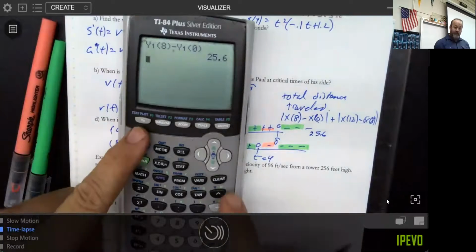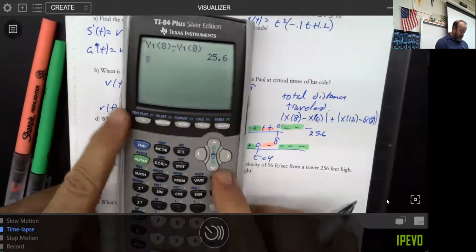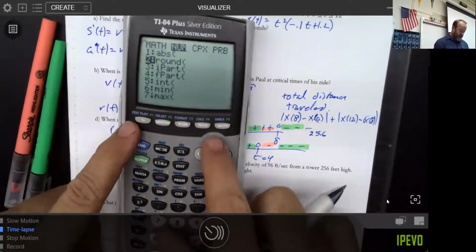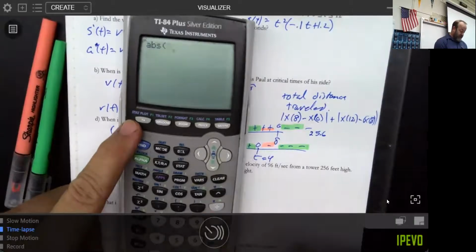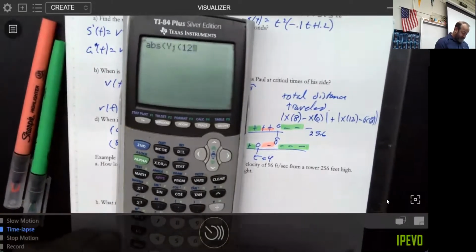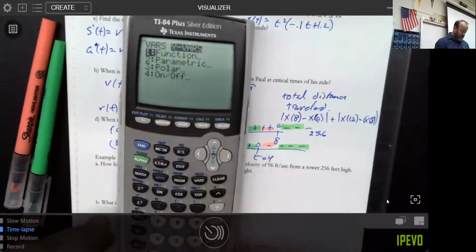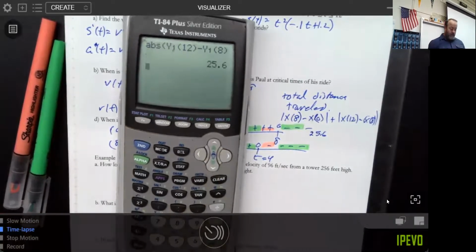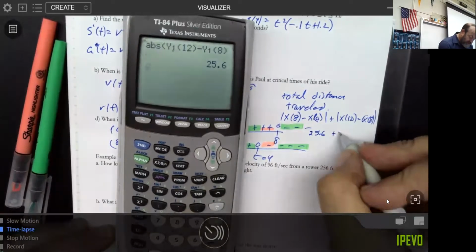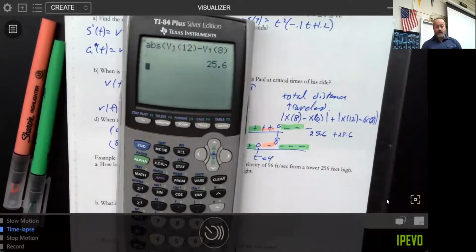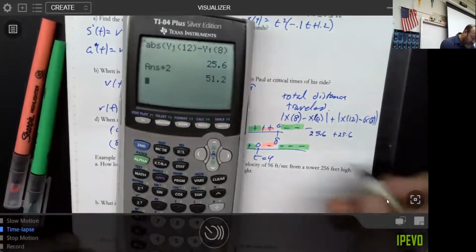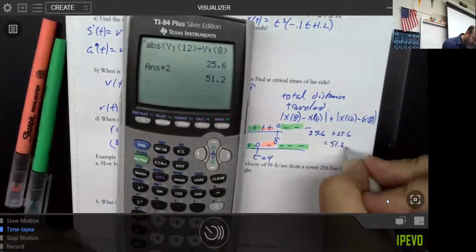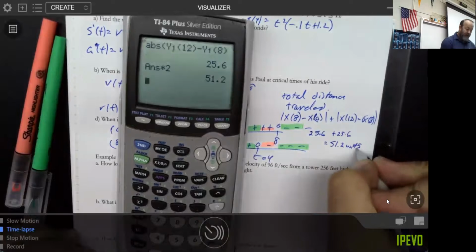But then when we do the other side, you're going to keep in mind that it should be an absolute value because it's going backwards. So I'm going to take the absolute value of y1 of 12 minus y1 of 8 to find out how far backwards we went, which, what do you know, happens to be 25.6. Of course, the roller coaster should start and end at the same place. That's how roller coasters always work. So we've got 51.2 total units of distance traveled.